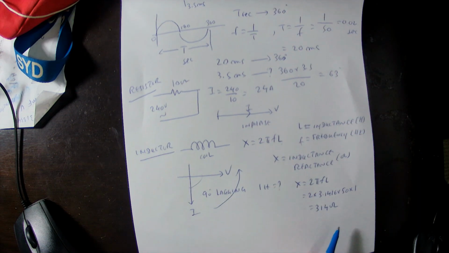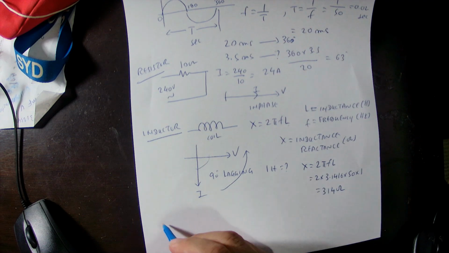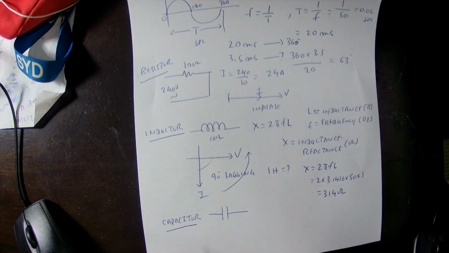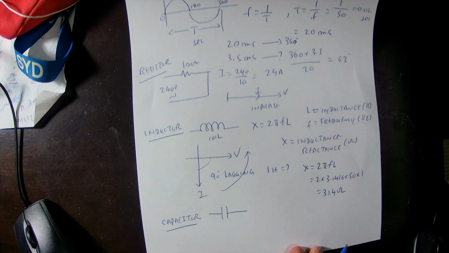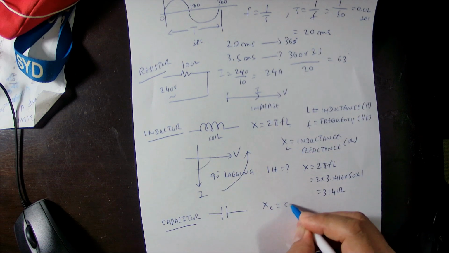And we can also calculate this for the capacitor. This is the capacitor. If you connect the capacitor to DC, no current will flow. But if you connect the capacitor to AC, there will be some current flow, because the capacitor has resistance. We call it the capacitive reactance. So XL is the inductive reactance, XC is the capacitive reactance.